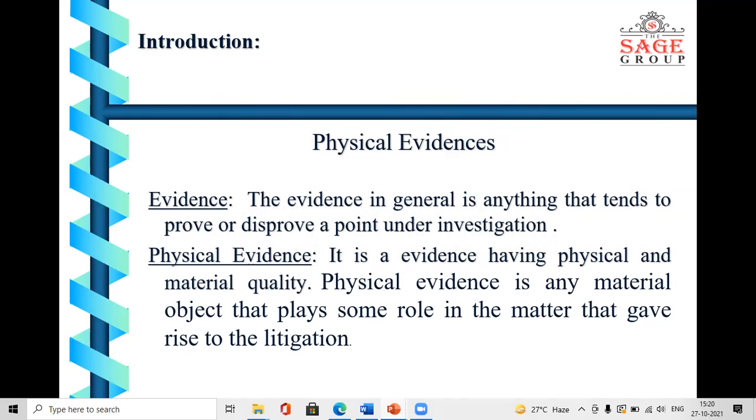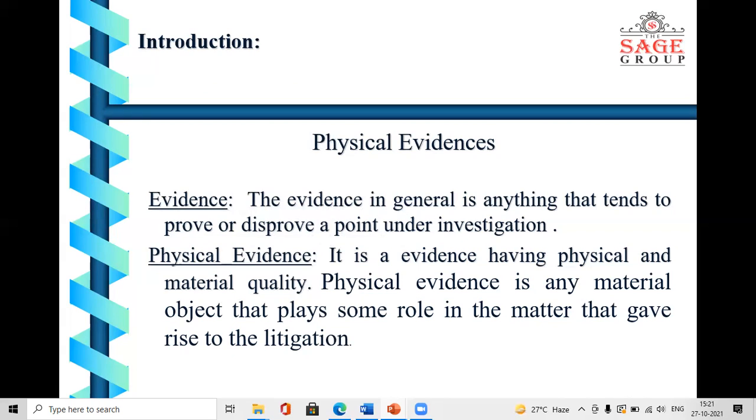So first of all, I would like to talk about evidences. Evidence can be anything which can lead to proof and disproof of a point under investigation. It can be anything like your mobile phone, your diary, your pen, your pencil, your clothes, anything. But here we're talking about physical evidence. What is physical evidence? Any evidence having physical and material quality, which means any evidence which can be touched.